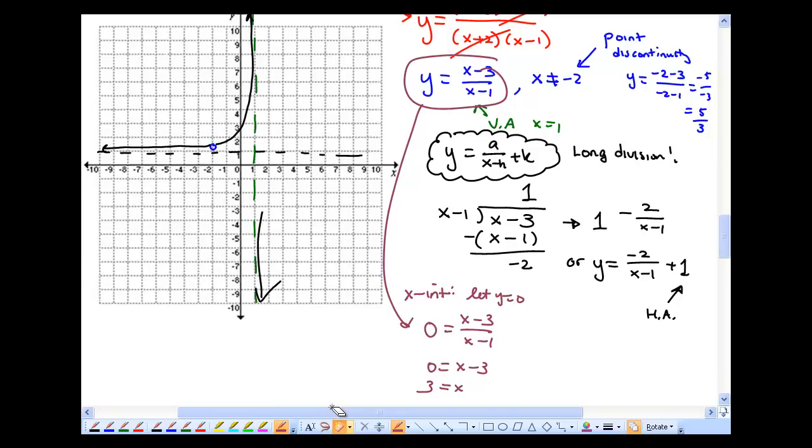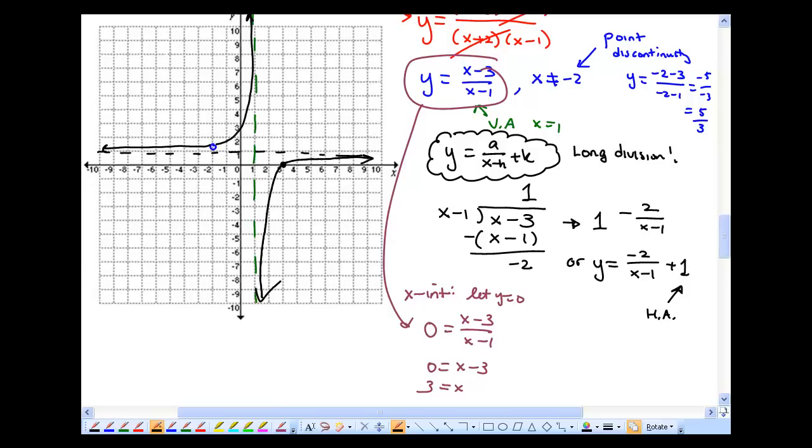Erase, erase, erase. I want my x-intercept at 3, so let's make this a little bit more accurate. X-intercept at 3. Okay. That's better. Done. Okay.